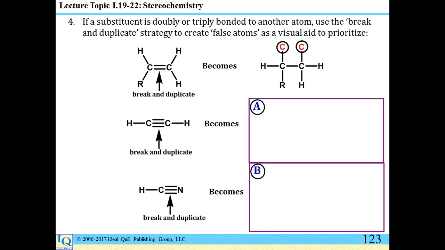Things become more complicated if a substituent coming off of a chiral site, let's say this R was a chiral atom and we were looking at the substituent, if those substituents themselves have multiple bonds. The convention that we've developed is to get rid of the double bond just for the purpose of prioritizing. This has nothing to do with real chemistry. And drawing in fake atoms.